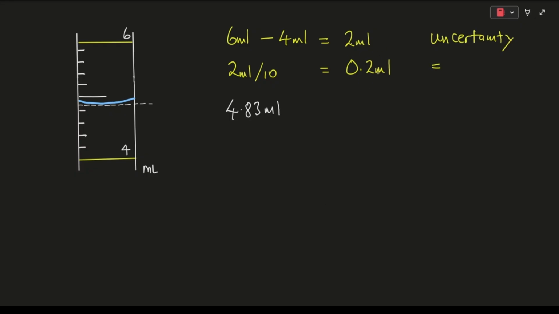We would need the smallest increment on our measuring cylinder, and we divide it by 5.